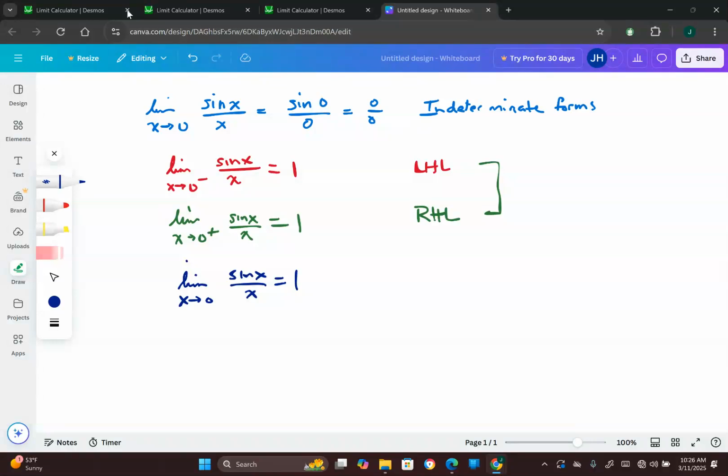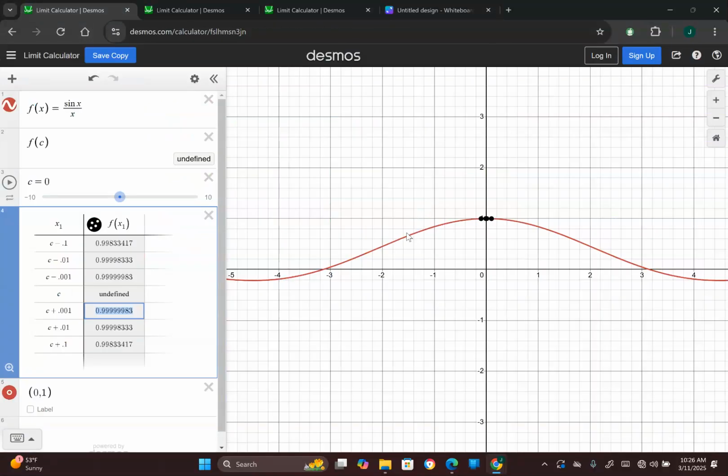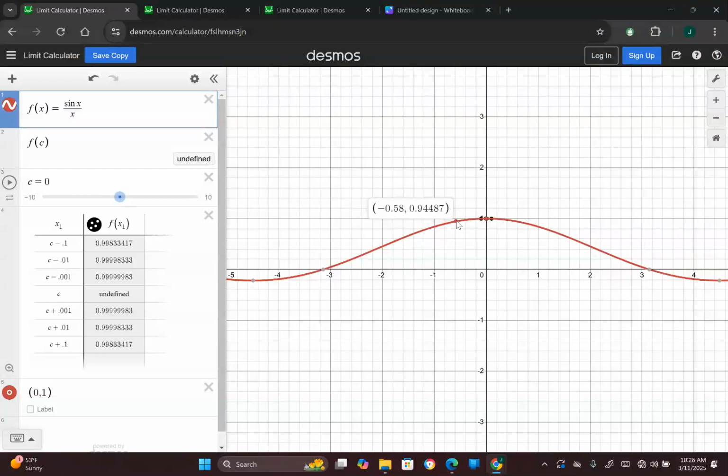Okay? Now, take a look at the graph. If I approach 0 from the left-hand side, take a look at those y values. Would all of you agree they're getting closer and closer and closer to 1? Same thing on the right-hand side.